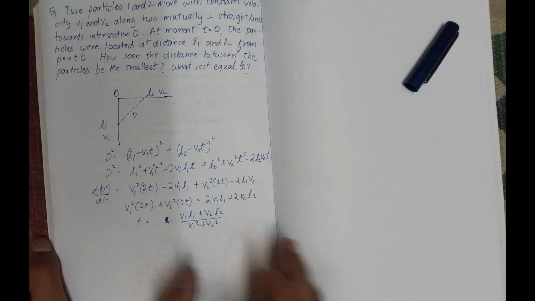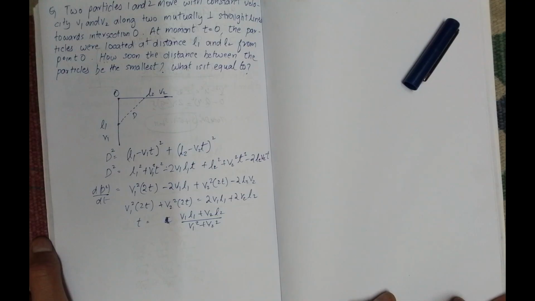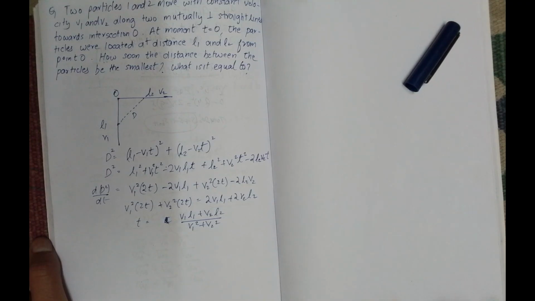How do we know that? Because the conditions for both minima and maxima are the same, right? You just have to differentiate the equation and equate that to 0.